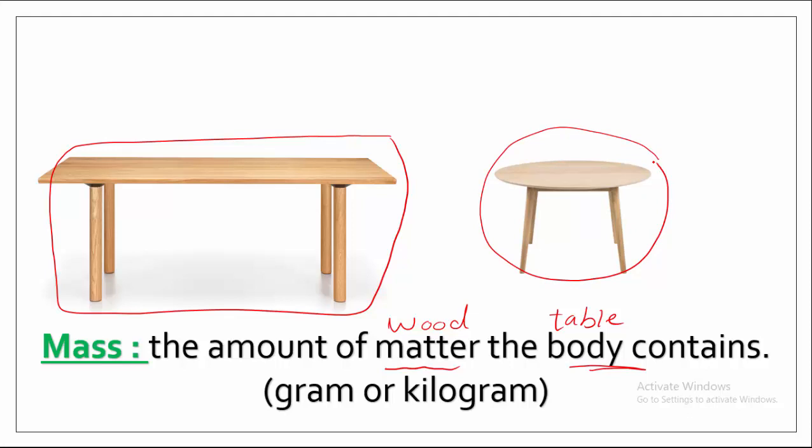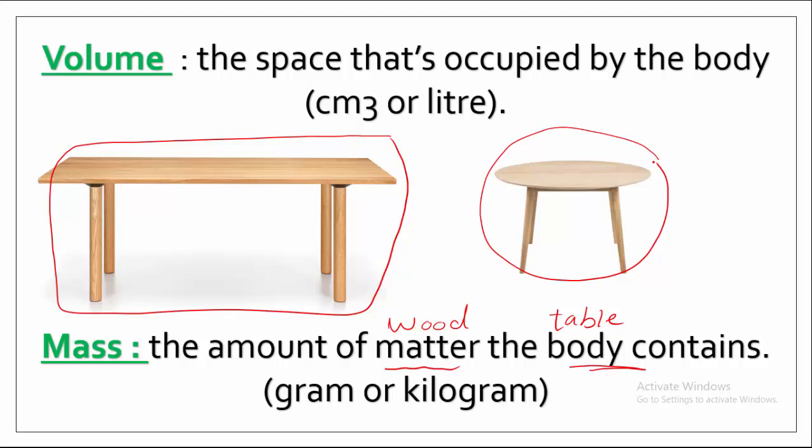Again, in science, we can use a scientific term instead of all of this sentence. This is called volume. So instead of saying the large table takes more space from the slide or from this white space, I can say simply the large table has more volume.